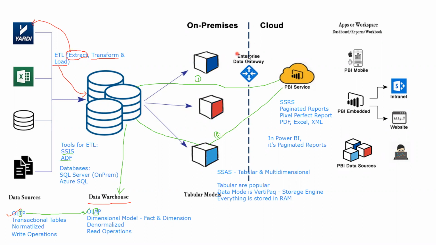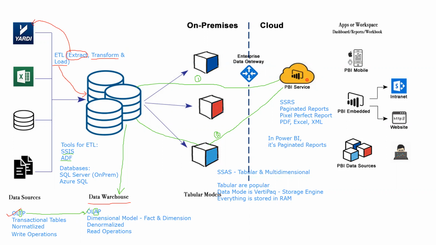We have also discussed that the enterprise data gateway is a layer which sits between the cloud and the on-premises. Anytime you're doing import mode, it is just like getting a copy of the data, so the enterprise data gateway will help you keep that data copy up to date. If you're doing a daily refresh, every day it will get a new copy of the data from the data warehouse and upload it to the front end. When you're connecting Power BI to your data warehouse, you have two connection modes: import mode and DirectQuery mode.